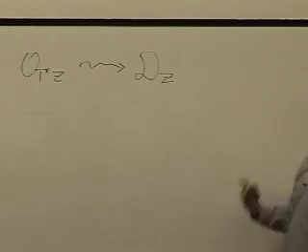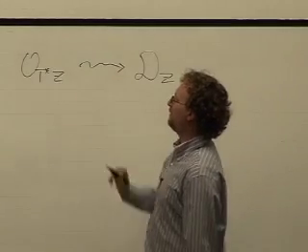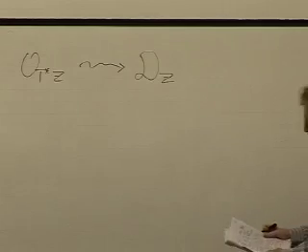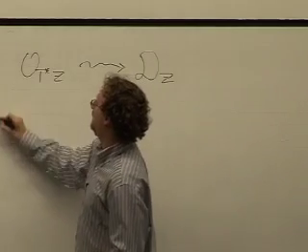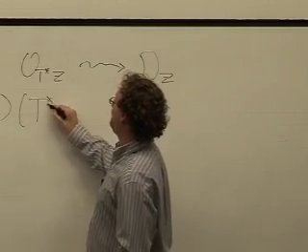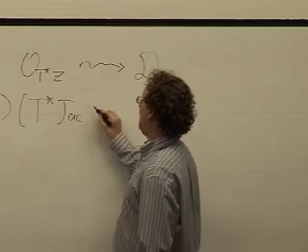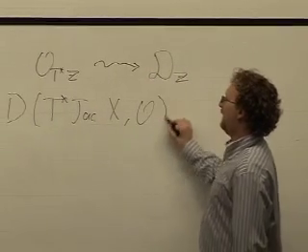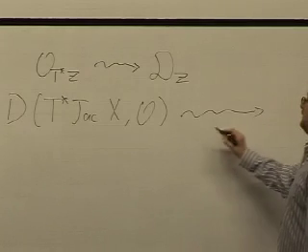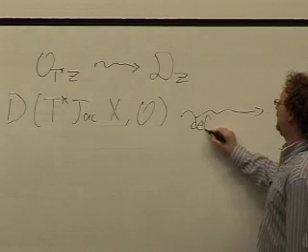We put in this h bar parameter, and we think of differential operators on a space as a deformation of functions on the cotangent bundle. So that means that if we look at the derived category of T star of the Jacobian, it has a natural, nice flat deformation.